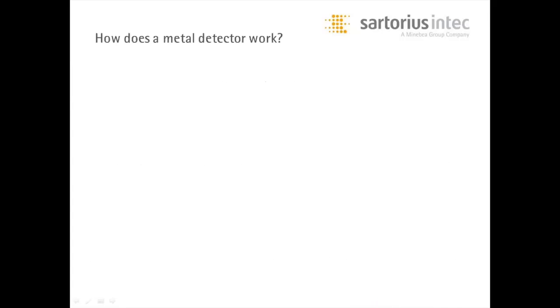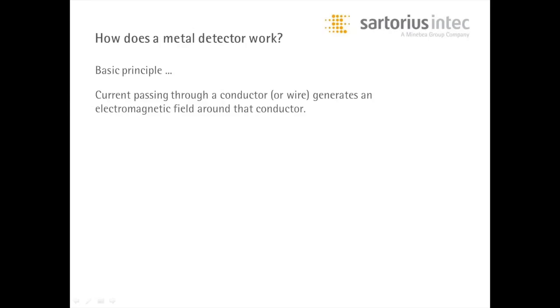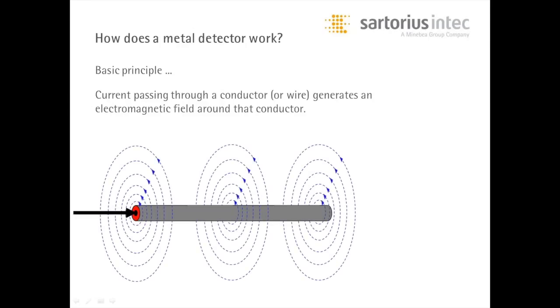Anyway, let's get started. How does a metal detector work? The basic principle is that when you pass current through a conductor or a copper wire, an electromagnetic field is generated around that conductor. You can see it indicated here in what is known as the right-hand rule.